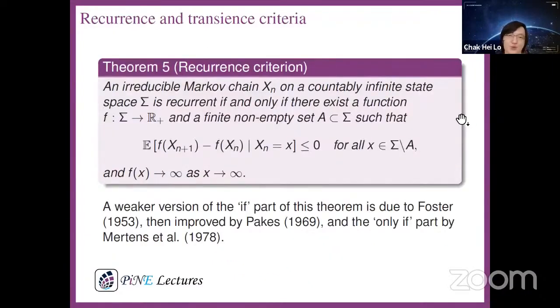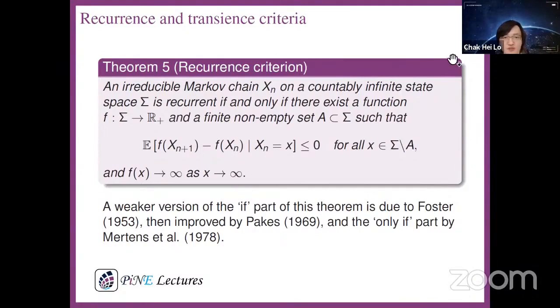Right. So in some sense, our point of interest here is, given a general irreducible Markov chain X_n, we want to decide when this process will be recurrent and when it will be transient. The main idea is to achieve a criterion: if we can check that a certain criterion is satisfied, then the Markov chain is recurrent, or on the other side, it will be transient.